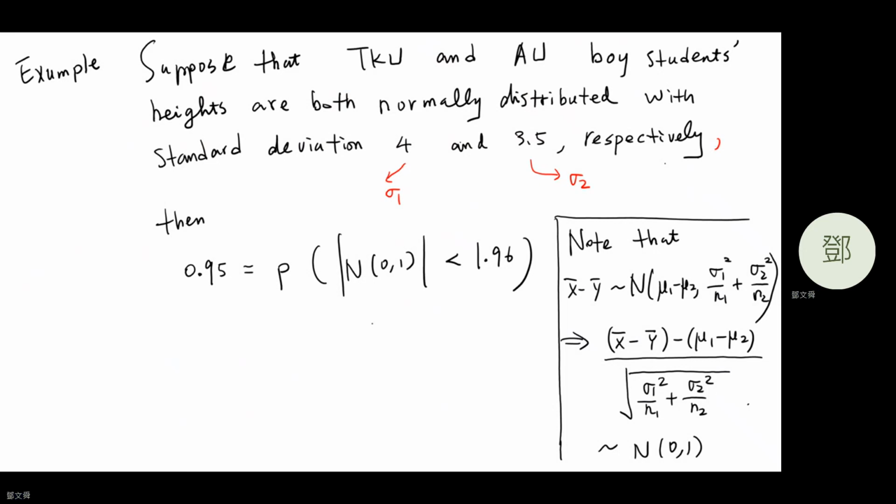A normal random variable can be standardized: minus mu divided by the standard deviation of this random variable. Understand? Now, this is normal, and so is this. This is the standard normal, and so is this.